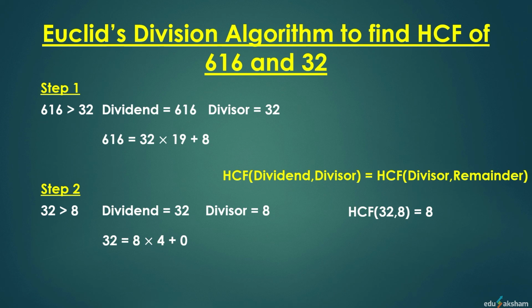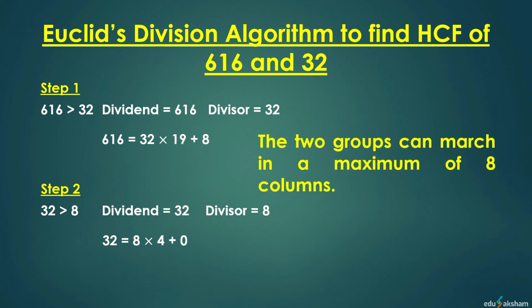Hence, the HCF of 616 and 32 will be equal to the HCF of 32 and 8. Therefore, we have got our required answer. The HCF of 616 and 32 is 8, which means the two groups can march in a maximum of 8 columns.